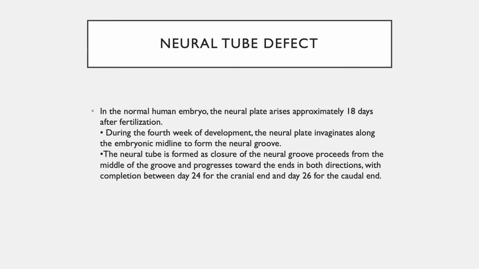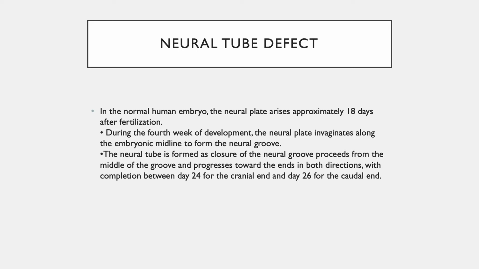The neural tube is formed as the closure of the neural groove proceeds from the middle of the groove and progresses toward the ends in both directions, with completion by day 24 for the cranial end and day 26 for the caudal end. The result is a neurula, and this is the process of neurulation.